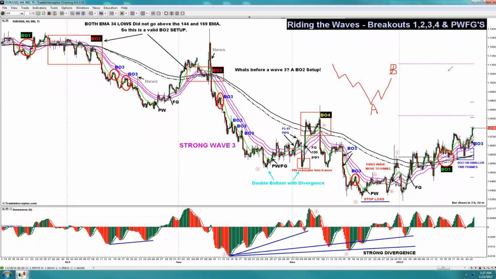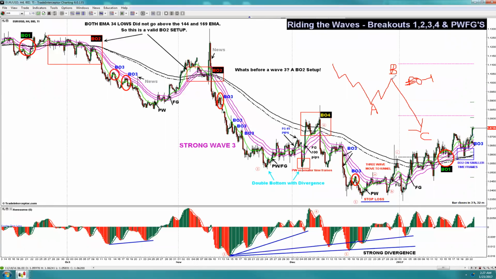If you've done your wave count on a bigger time frame, then we're going to go down again, because then we're going down for a C. And we're not going to have that breakout 1, 2, 3, 4 moving up all the way. We're going to move down again. It's not going to be a trend reversal. It's going to be a PW fill the gap correction.